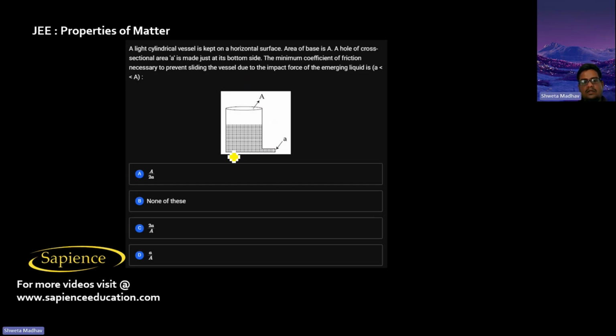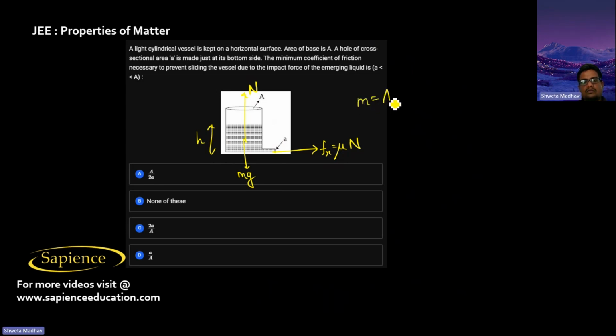So here the frictional force will act like this, that is equal to mu times N. Here N would be equal to mg. Let's say the height is h.